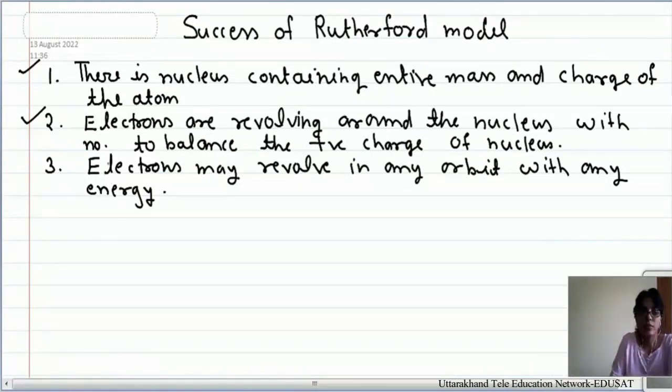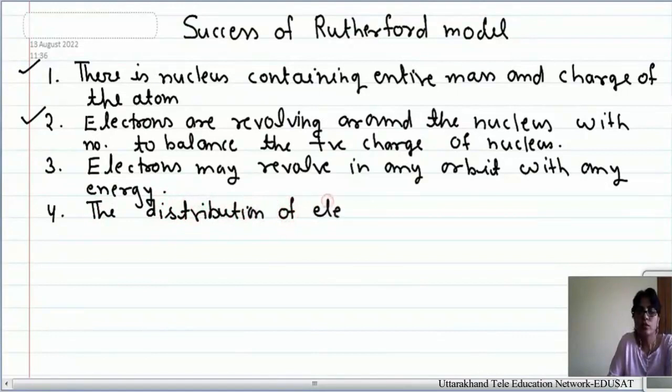And the distribution is not specified, so we can also write one more point, that the distribution of electrons was not specified.